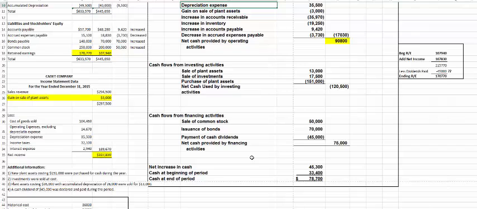Now what we need to do is calculate and finish the bottom. 90,800 positive provided by operating minus the 120,500 used in investing plus the positive $75,000 provided in financing results in a net positive increase in cash.